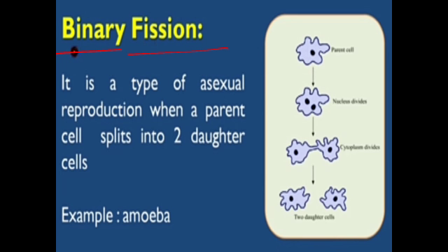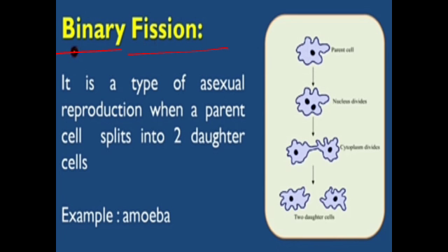Example, amoeba. Now, you have already learnt about the structure of amoeba, right? It has an irregular structure, and you will recall that amoeba is a single-celled organism. It begins the process of reproduction by the division of its nucleus into two nuclei.